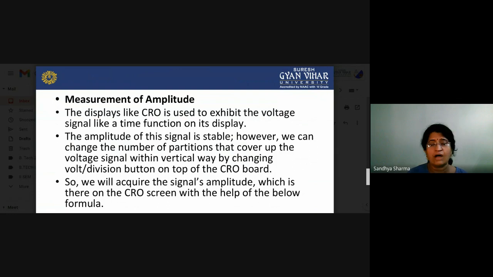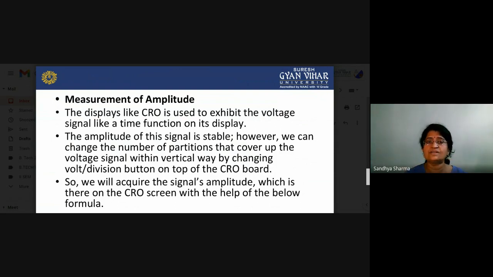If you apply a 5 volt signal, that 5 volt value will not be changed, only the presentation will be changed. Means you can see that particular signal either as a small image, or as an enhanced image.